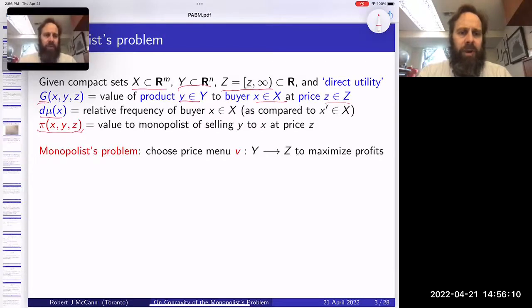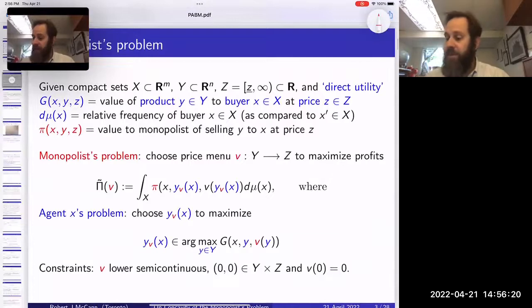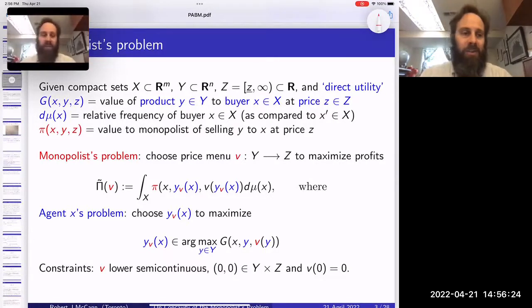And so the freedom you have is to choose a price menu, which is sort of a map from the space of cars to the space of prices. And you'd like to choose this to maximize your profits, where the profits are basically given by the integral against mu. Okay, so this is what's sometimes called a bi-level optimization problem. So each agent has their own variational problem, and your profits depend on their solution to their variational problem.